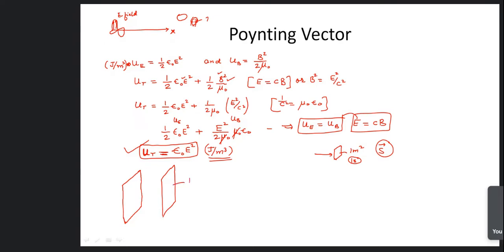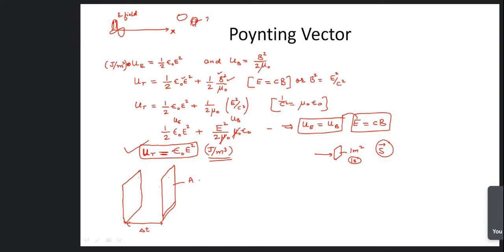The area of each plate is A, and the separation between the two plates is such that the electromagnetic wave moves from one plate to the other in time delta t. Delta t is the time taken by the electromagnetic wave to move from this plate to this plate.